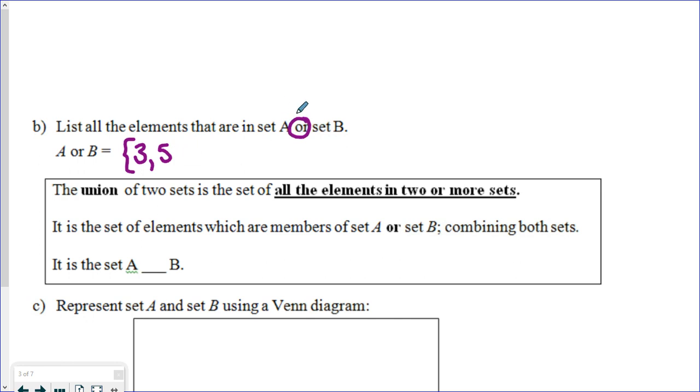That's in set B, which is in A or B. Number 6, 9, 10, 12. So we only need to write 15 once. It's in both set A and set B, but the numerical value of 15, we don't need to represent it more than once. So just once for that. And 18. So that is the set A or B.